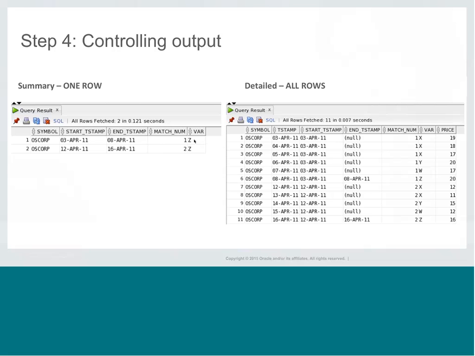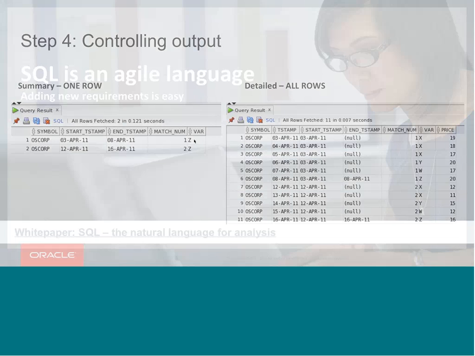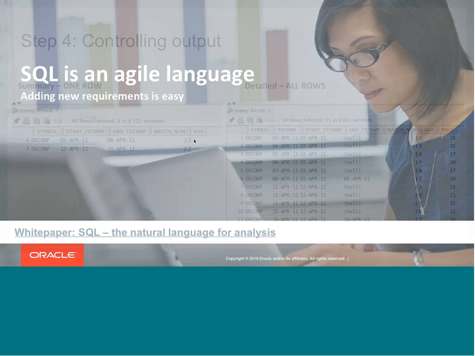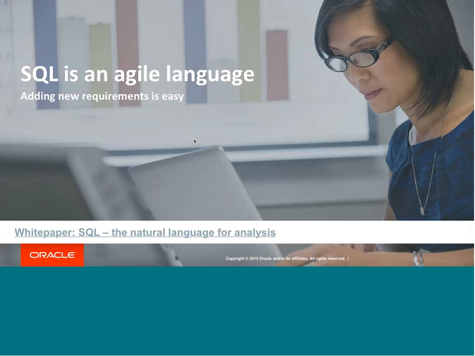Now, one of the great things about SQL, and I'm sure this has probably come up in some of Jeff's earlier sessions, is how agile the language is, how quickly you can take something, extend it, move it on and get it to do something completely different just by changing a few lines.